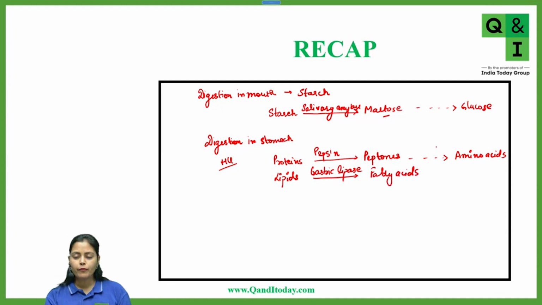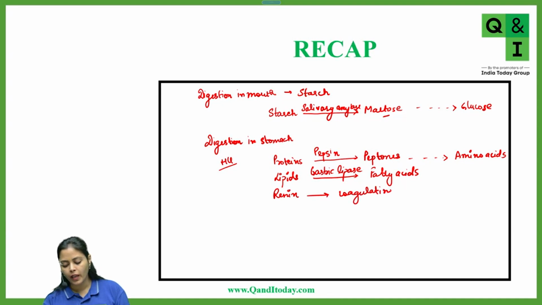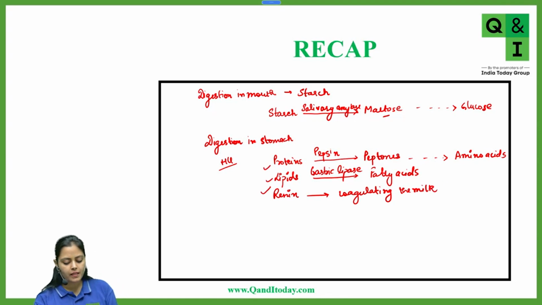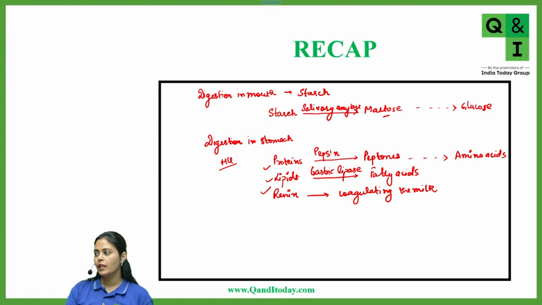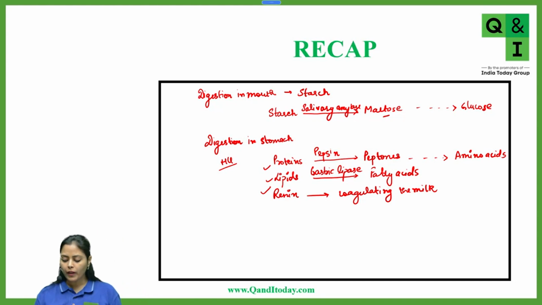Apart from this, I had also told you one more enzyme was present, which was renin, and renin was coagulating the milk so that it can be further digested. Coagulating the milk was its main purpose. So these were the three enzymes which we had discussed during the digestion in stomach. I hope to everyone these three things are clear and we can move ahead.